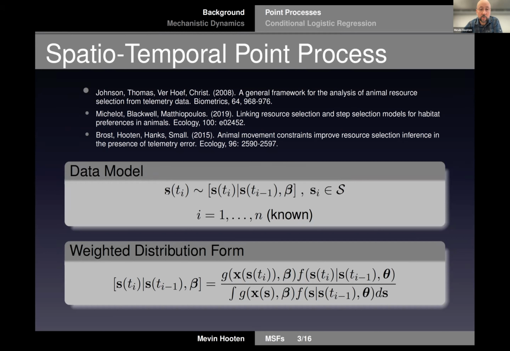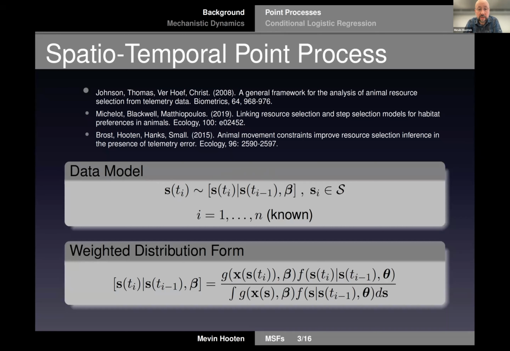Let's start with one individual at a time, and we'll call that S vector here, indexed at time t for some observation index i. And it arises from some stochastic generating process that we represent here with the bracket notation.